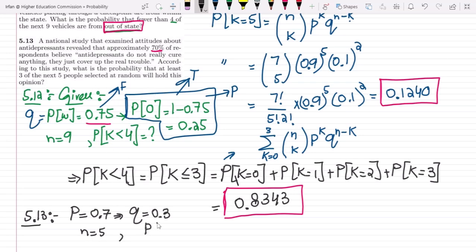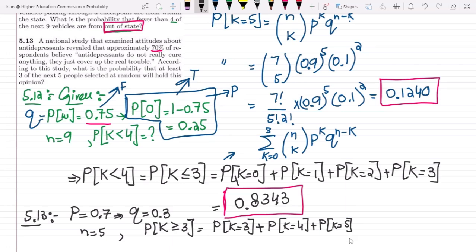So we have to find the probability that k is greater than or equal to 3. It would be k equal to 3, plus k equal to 4, and plus k equal to 5.